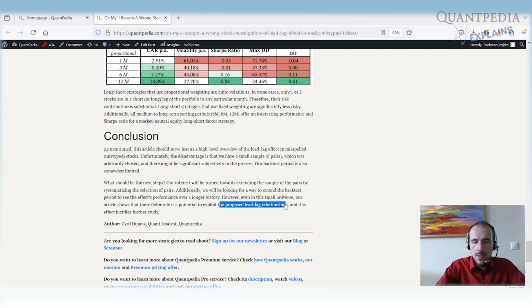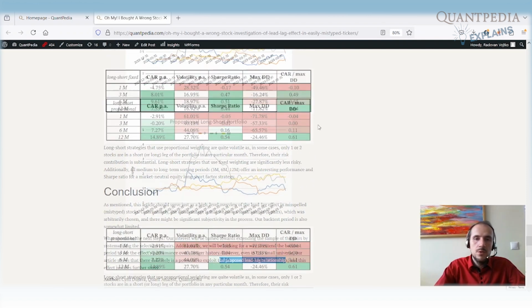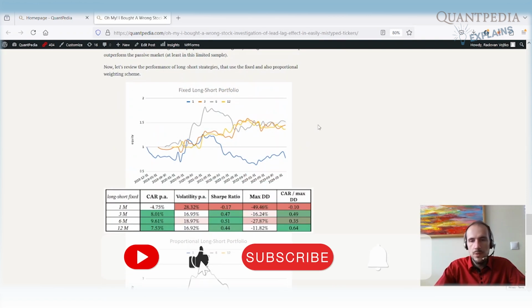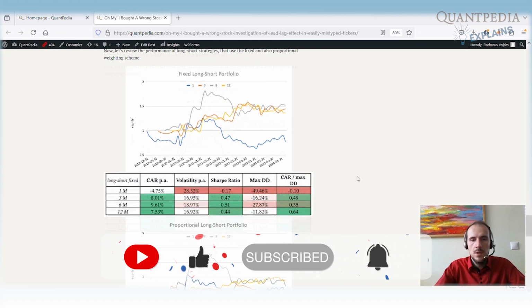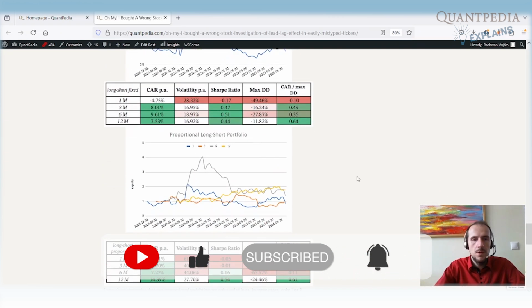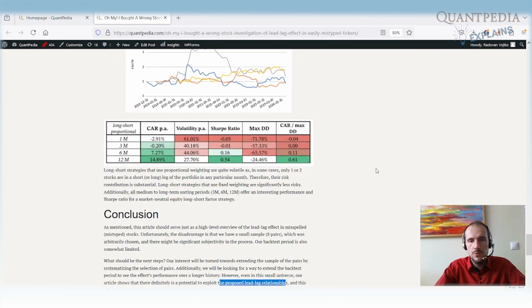It definitely makes sense to take a look at the stocks that are connected by how the tickers are spelled, and there is a significant misspelled or mistyped effect between those stocks that can be exploited. And even our short example showed that it's profitable. So what we will look at in the future is to expand the investment universe and extend the sample. And we will be interested to see what the performance will be and if we are able to increase the Sharpe ratio and increase the performance.